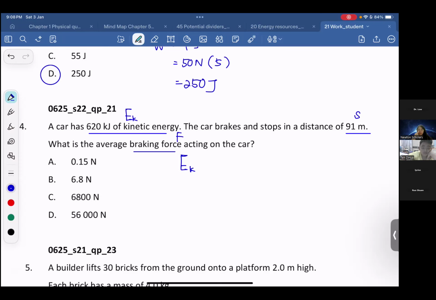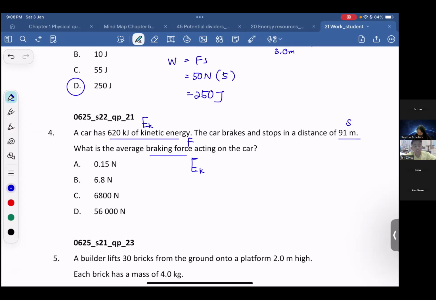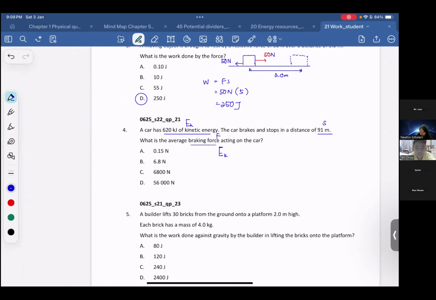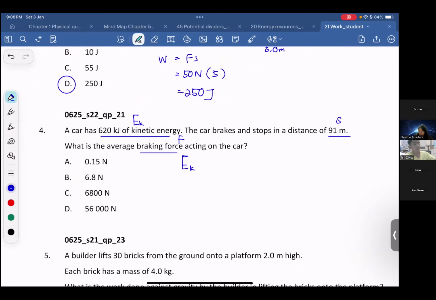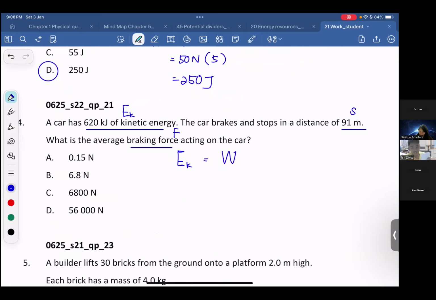By using the energy. Because energy transfer is actually, this is for the last question. It's okay. So energy is work done. So what is your energy? This is 620 kilo. Don't just use the value.